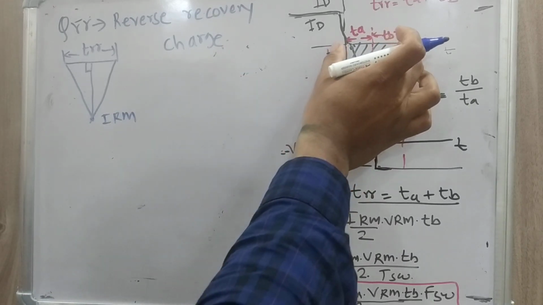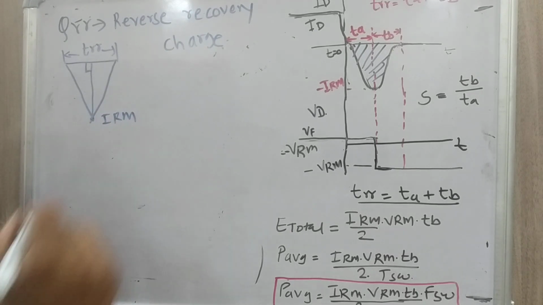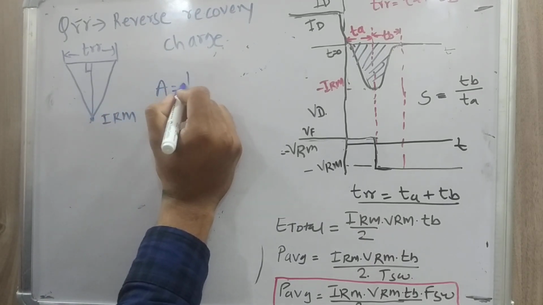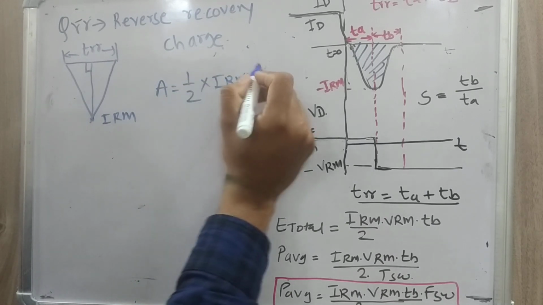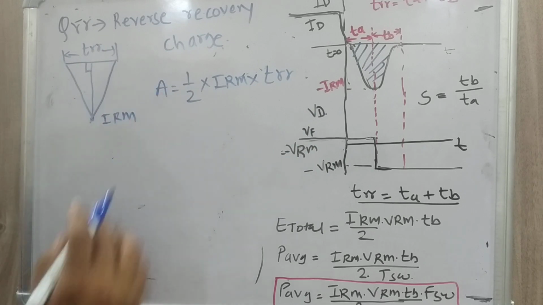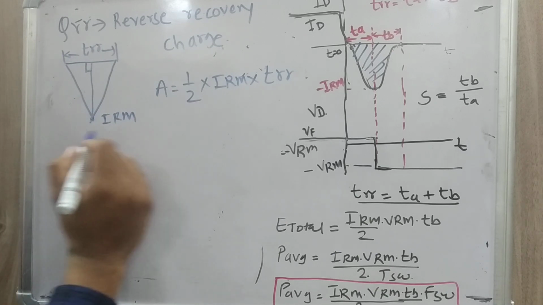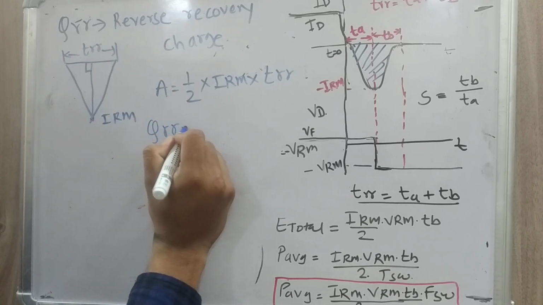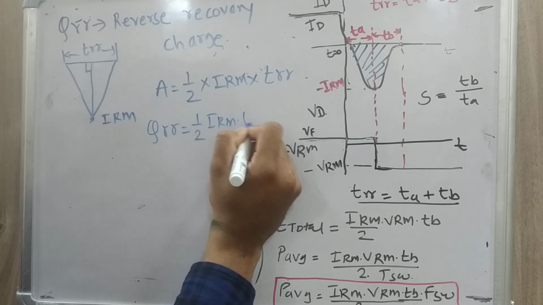So for this time duration, the area will be 1 by 2 into height, which is IRM, into base, which is TRR, and this area is basically QRR, because the area enclosed by the current waveform gives you charge. So QRR is equal to 1 by 2 IRM into TRR.